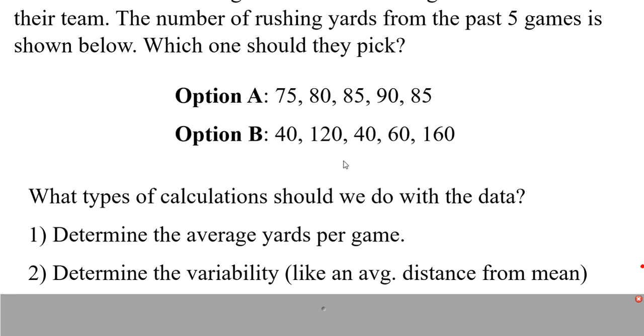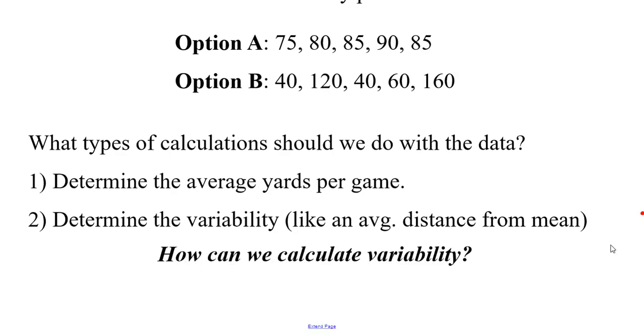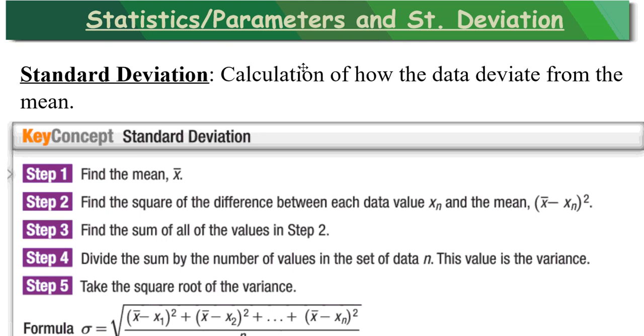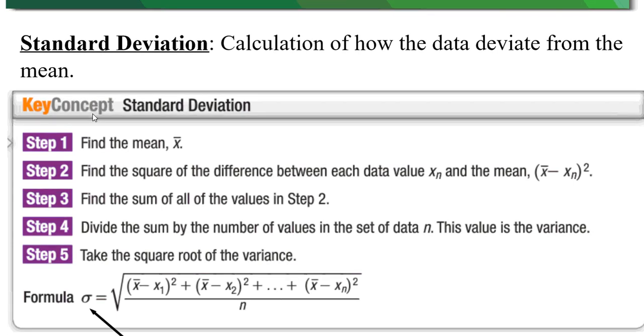There's another way that we're going to do variability, and that is what's known as the standard deviation. Deviate means to stray from typical, and typical in this case is average. So the standard deviation is the calculation of how the data deviate from the mean. And there's a formula that in statistics we use to calculate it.